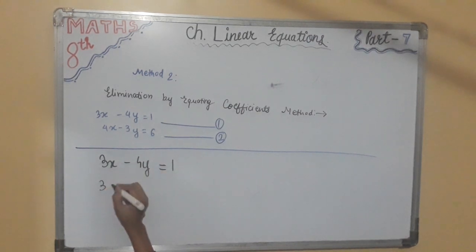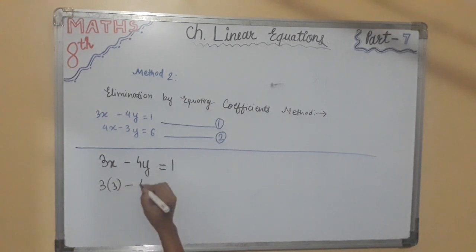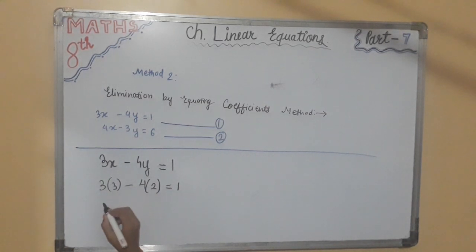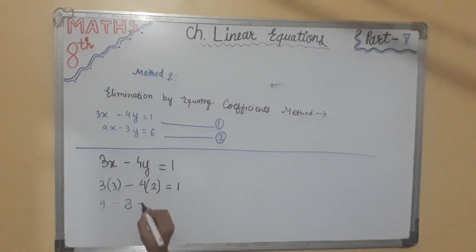The value of x is 3, minus 4, the value of y is 2, is equal to 1. We will multiply: 3 into 3 will become 9, minus 4 into 2 will become 8, is equal to 1. 9 minus 8 is 1 is equal to 1.